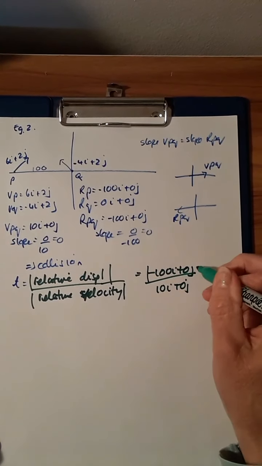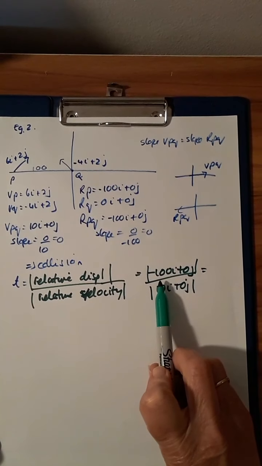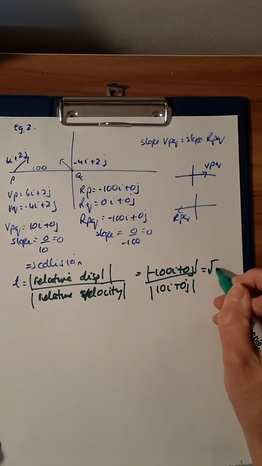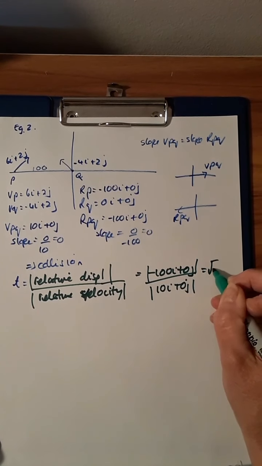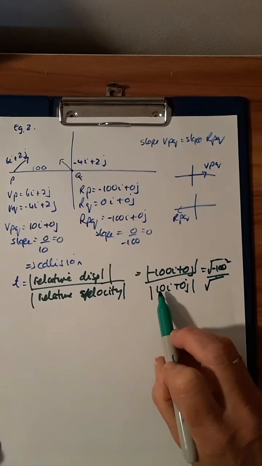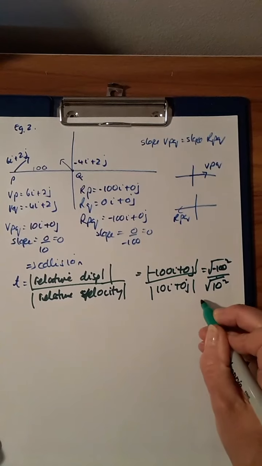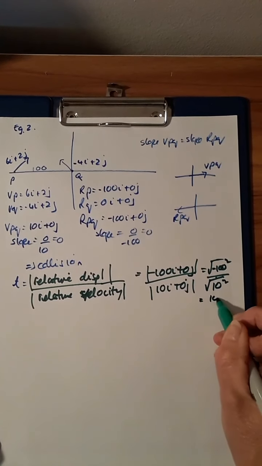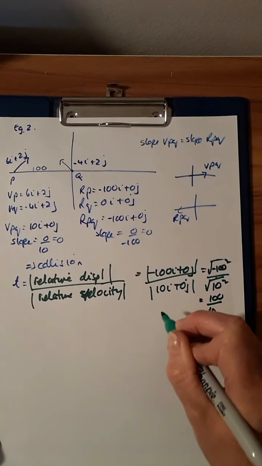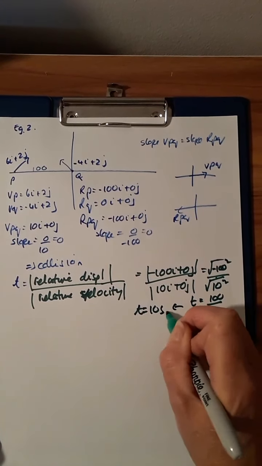If I get the modulus of both, this will be the square root of minus 100 squared, which is just 100, and this will be the square root of 10 squared. So that becomes 100 over 10, which is 10 seconds. So my time to collision is 10 seconds.